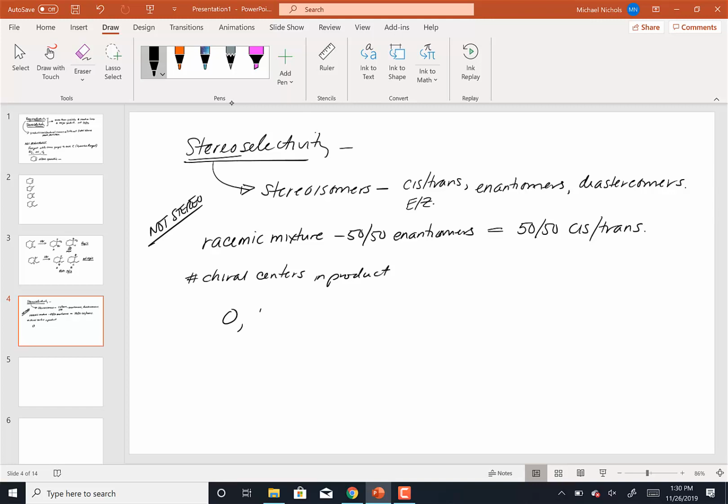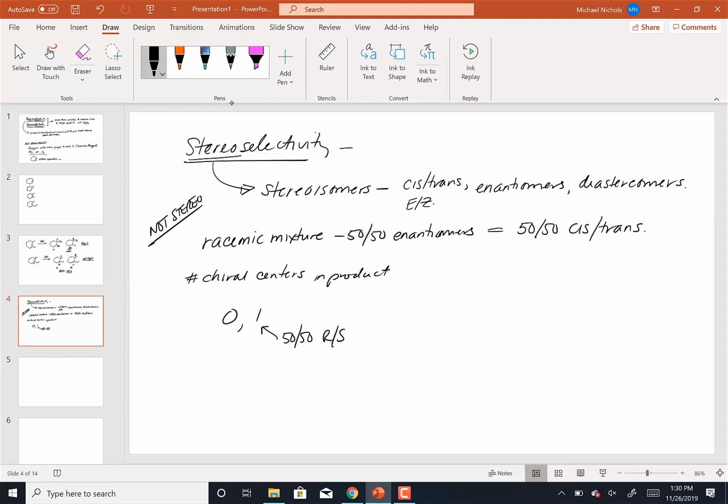If you have 1 chiral center in the product, forget about stereoselectivity because that 1 chiral center will automatically be 50-50 RS. Unless I used a chiral reagent, I just dismissed that. We're not using a chiral reagent in these reactions. Okay?